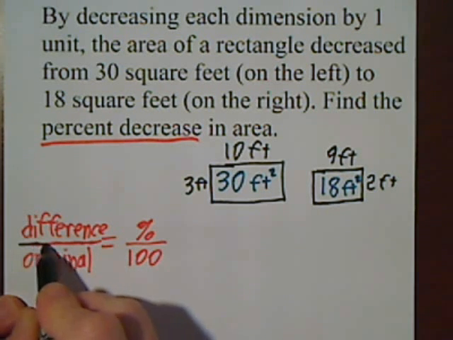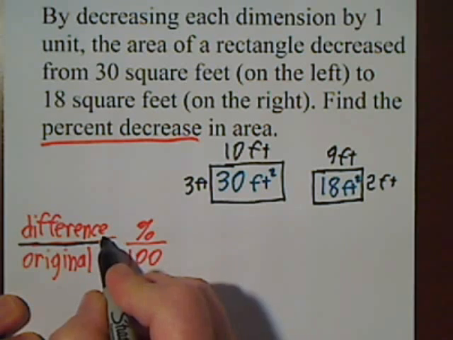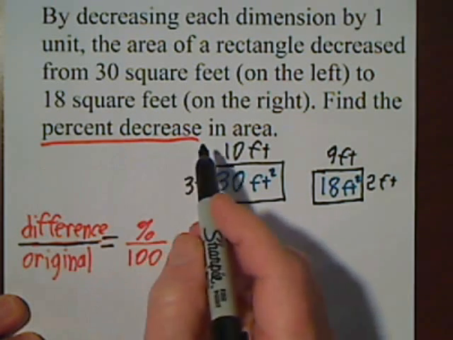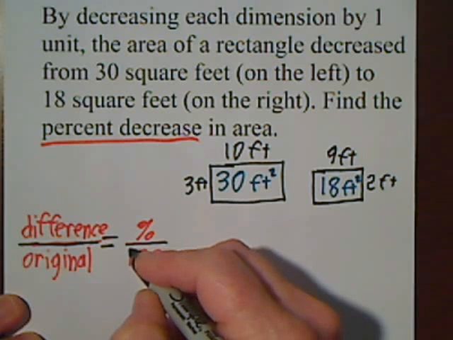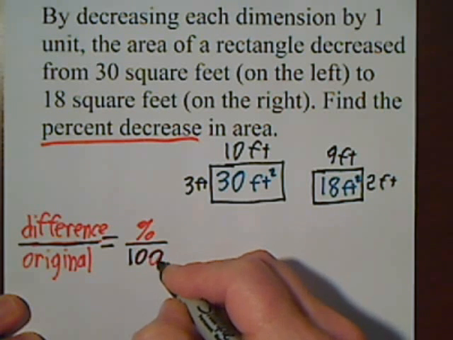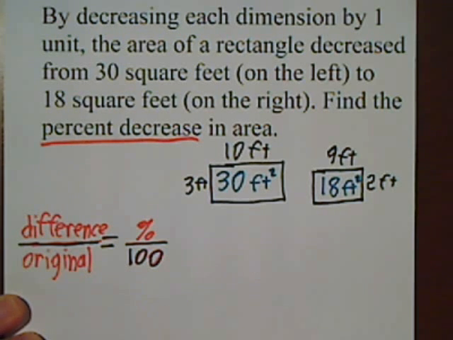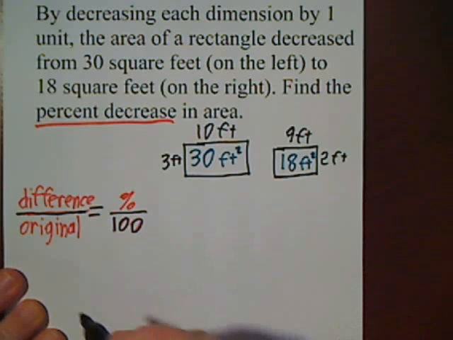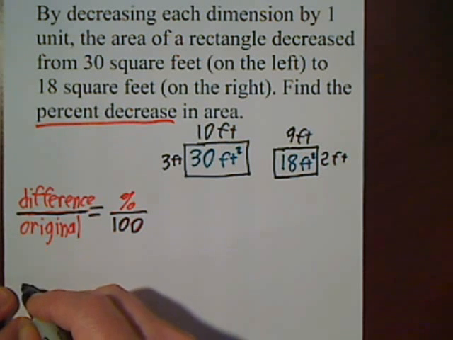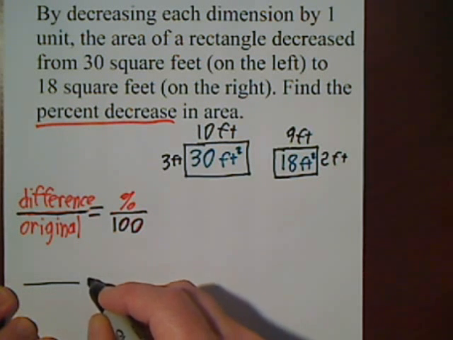So each time you have a percent decrease or percent increase, the stuff that I'm putting in black will be on your paper. So we'll start out by filling that in. I'm going to zoom out again. All we have to do is fill in these spots.